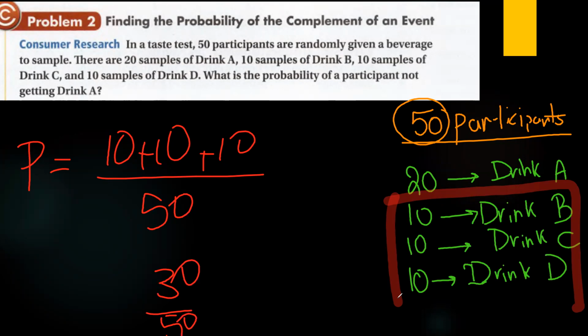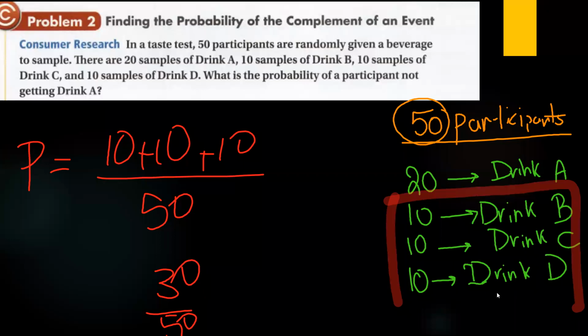So two ways. You can find the probability of getting A, then subtract it from 1, or you can say not getting A means getting B or C or D, and add the probabilities of B, C, and D over 50. Is it clear? Yes, teacher.